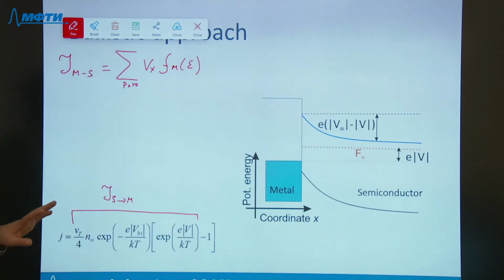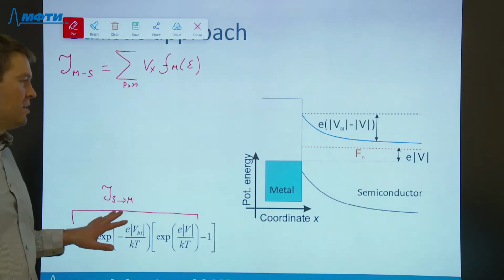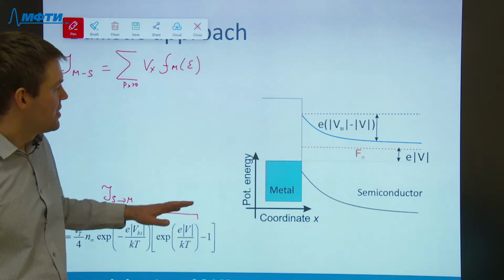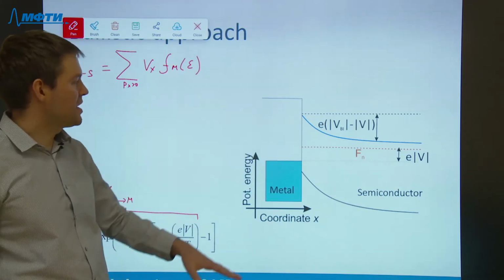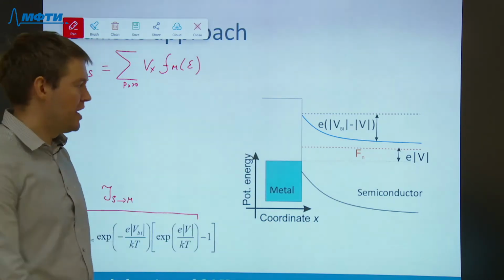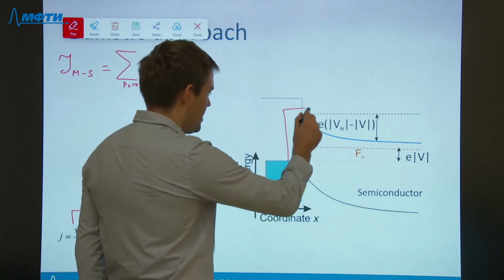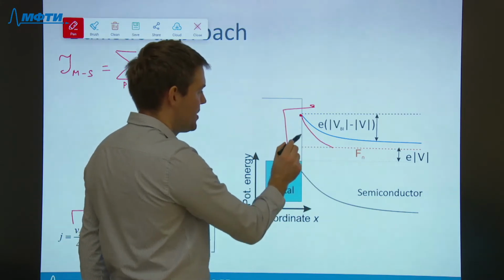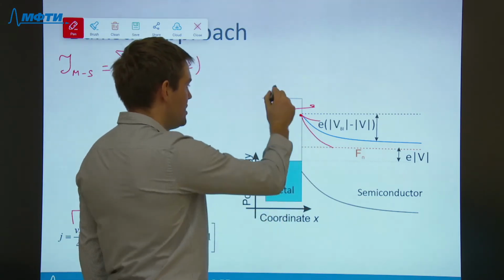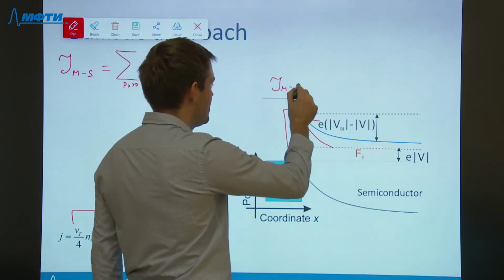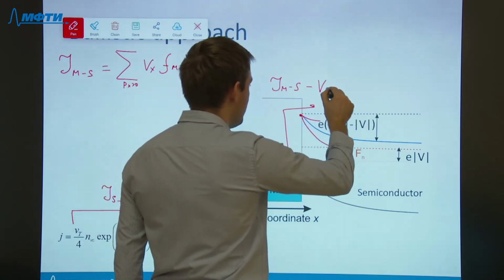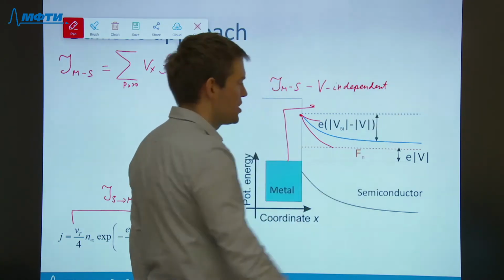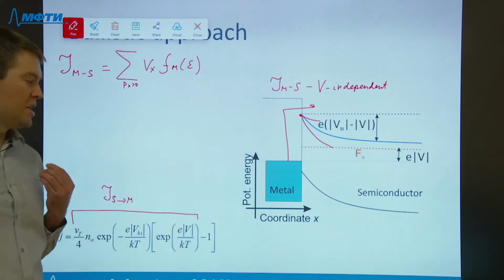We will not repeat these calculations because, first of all, the current from metal to semiconductor is independent of the bias voltage, because when you bias the junction, the top of the potential barrier doesn't change. So the current from metal to semiconductor is voltage independent. It is not a function of voltage, it is just a number.